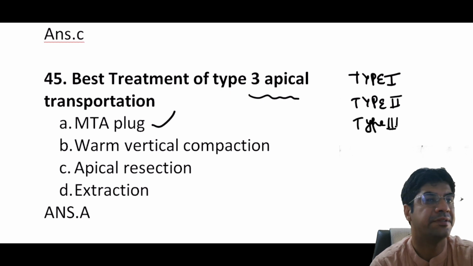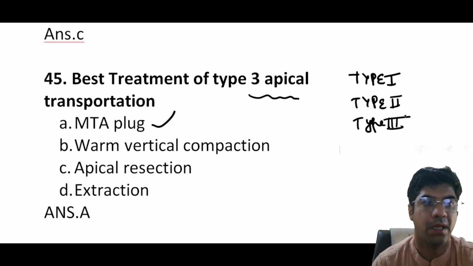In type 1 there is minor movement of the physiological foramen, and in type 2 there is moderate movement of the physiological foramen that results in heterogenic relocation and potential communication with the periapical space. In type 3 apical transposition there is severe movement of the physiological foramen.